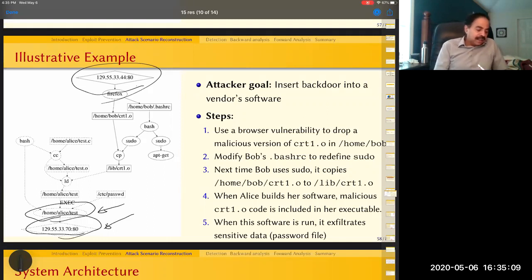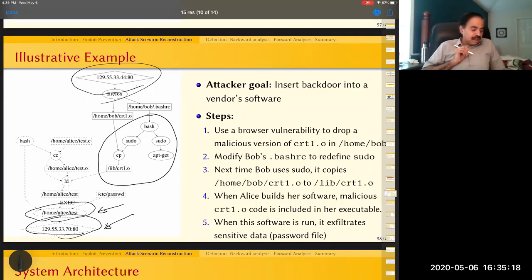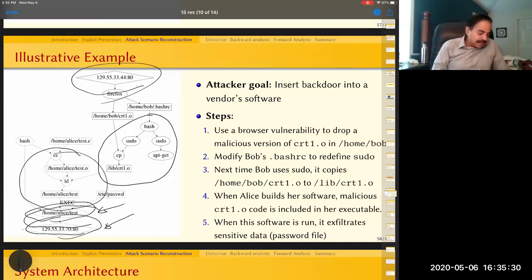So here there is this benign activity of Bob, which was hijacked by the attacker. And again, another benign activity is the compilation done by Alice. And another benign activity is when Alice runs this code. All of these benign user activities have been hijacked by the attacker using this one step in the whole process.